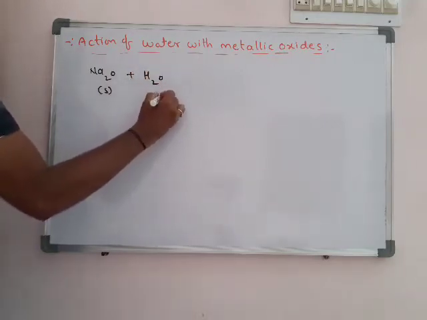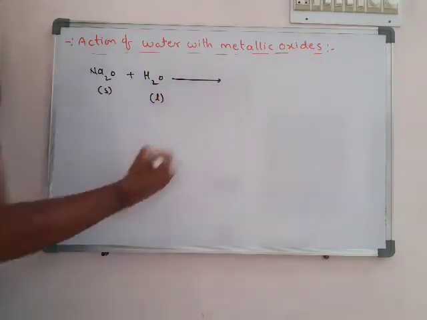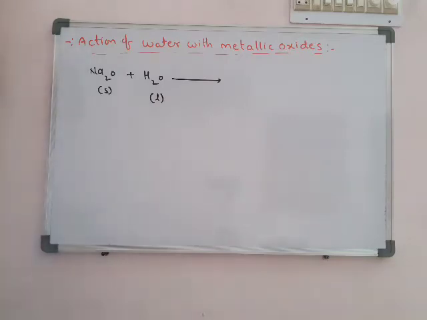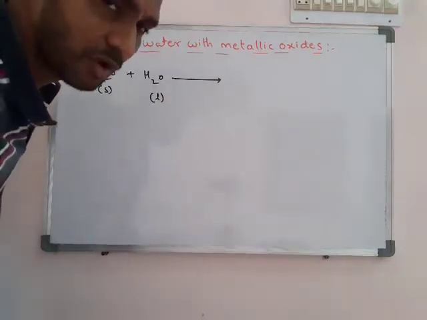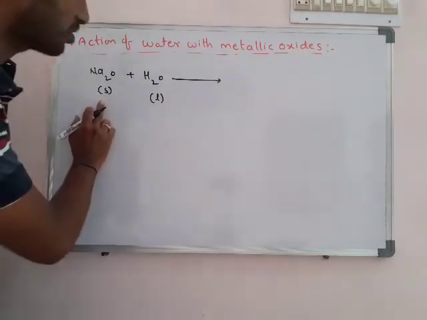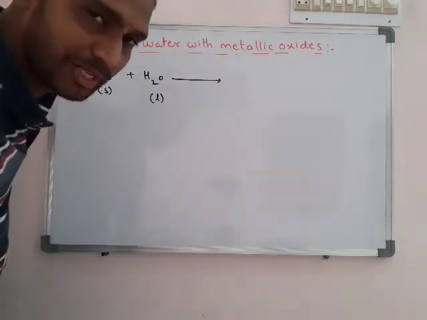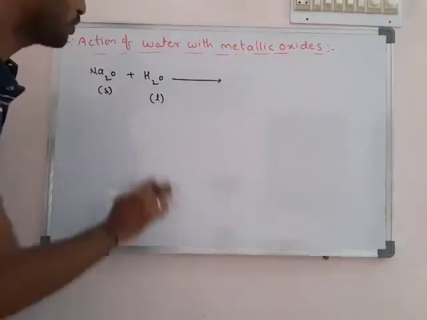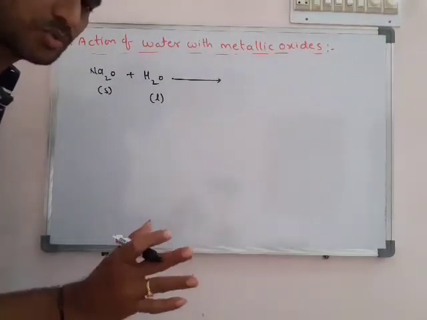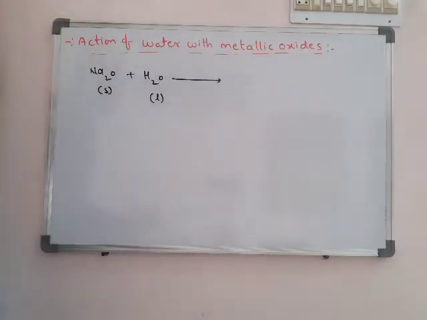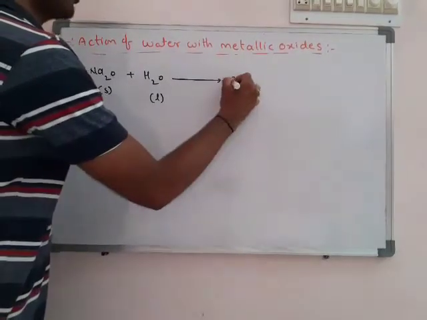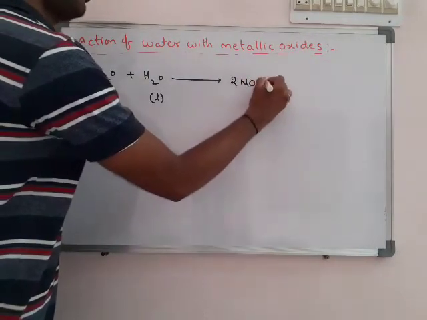It is a very fast reaction. Sodium oxide is a very active metal oxide, that's why cold water is required. With cold water the reaction will complete, and there is a formation of sodium hydroxide.